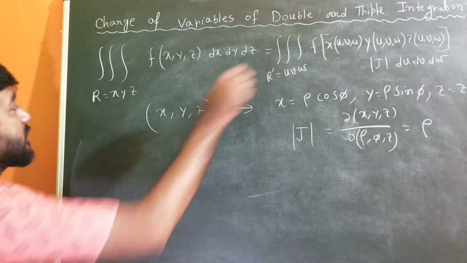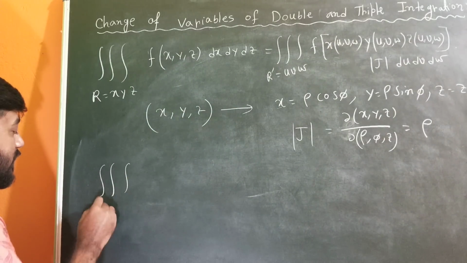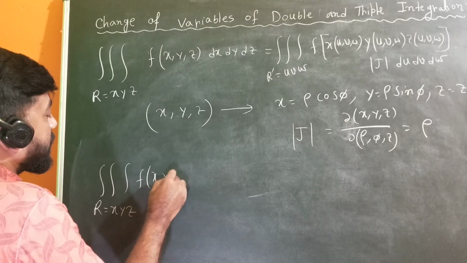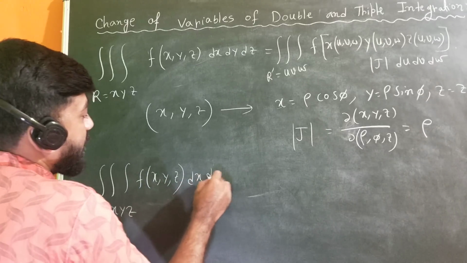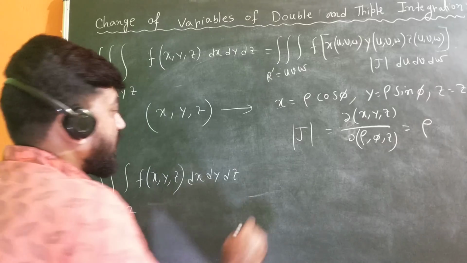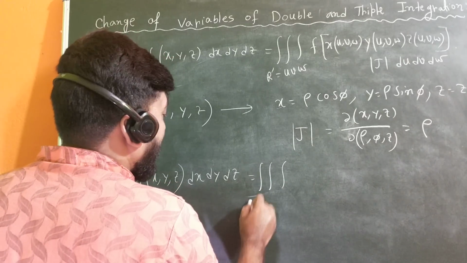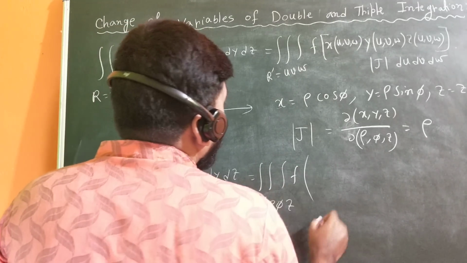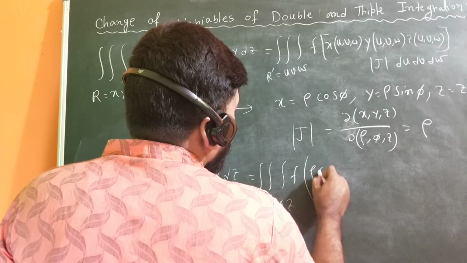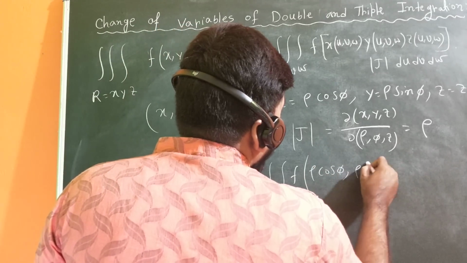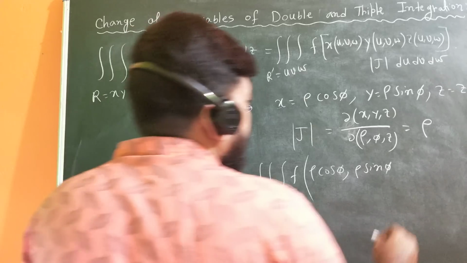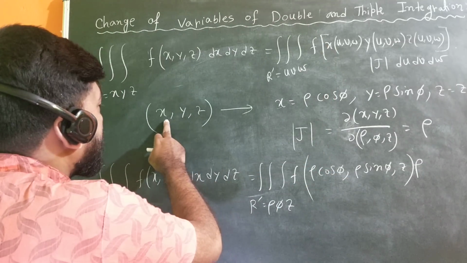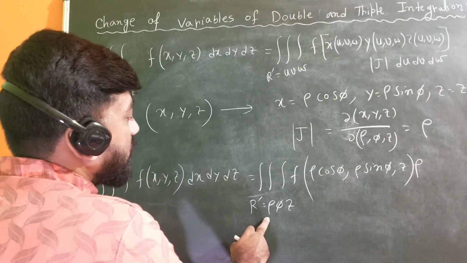So what will be your integration in this case? In this case your integration over R, which is xyz, of f(x, y, z) dx dy dz, will be the triple integration over R dash, which is now rho, phi and z, of f with x replaced by rho cos phi and y by rho sin phi, and z, and then the Jacobian rho, and then these three variables instead of dx dy dz, we will have d rho, d phi, and dz.